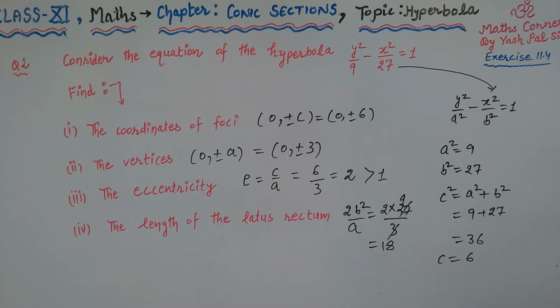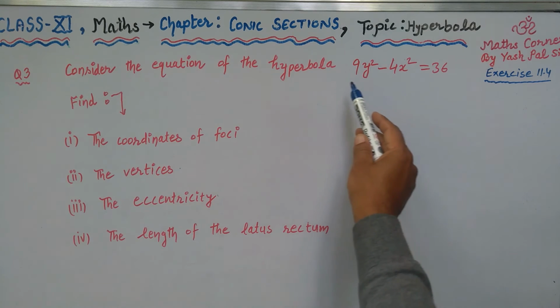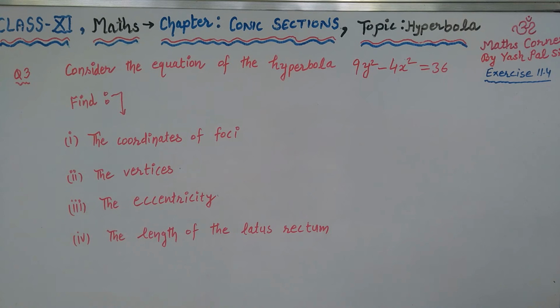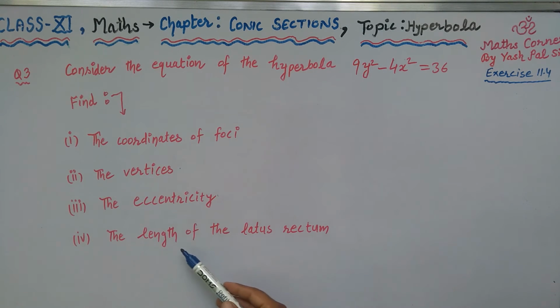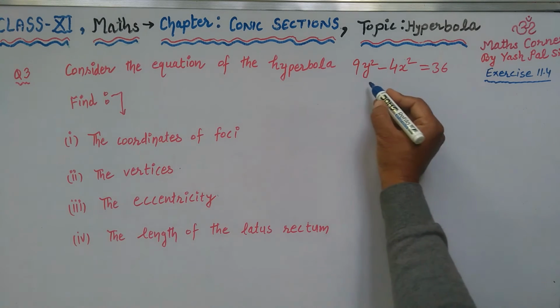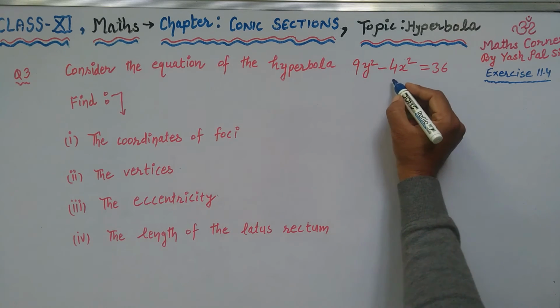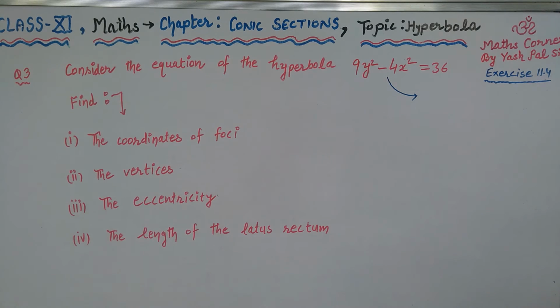Now coming to the next question, question number 3. Consider the equation of the hyperbola 9y square minus 4x square is equal to 36. Find foci, vertices, eccentricity, length of latus rectum. Here we see that the equation of the hyperbola is not in the standard form. So first of all we know that the right hand side should be equal to 1.